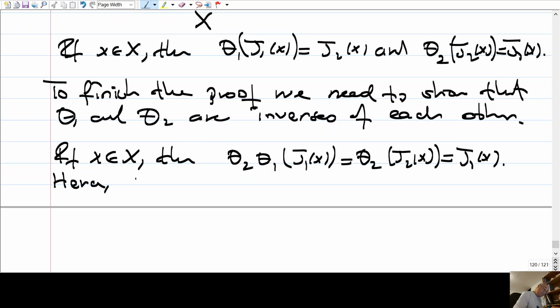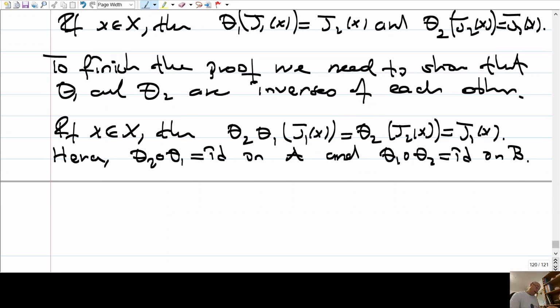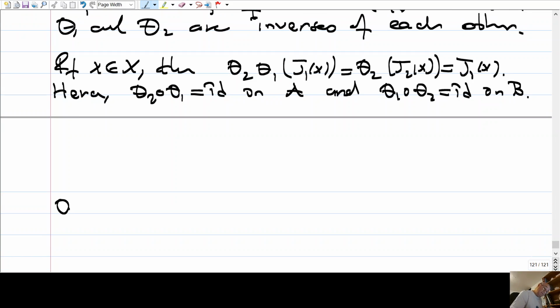Hence theta 2 theta 1 is identity on A, and similarly, theta 1 theta 2 is identity on B. But A is a dense subset of x1 tilde, so I have this theta 2 composition theta 1.